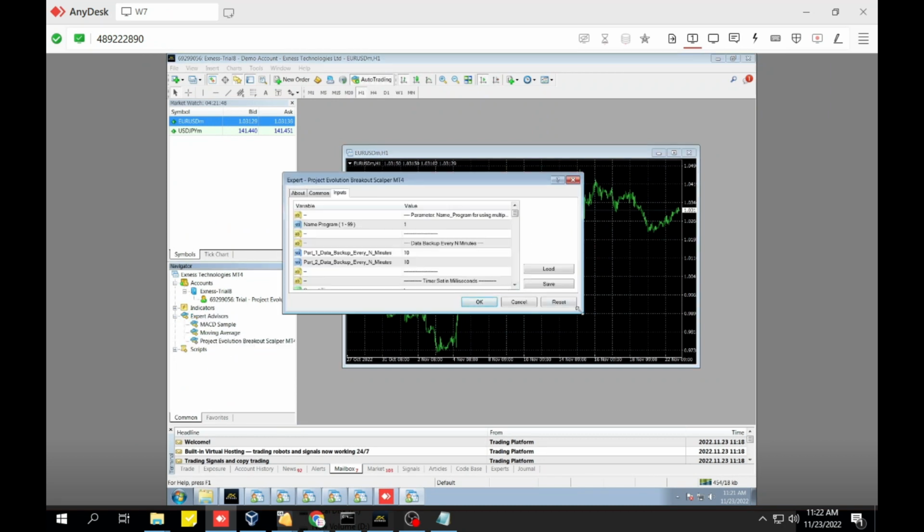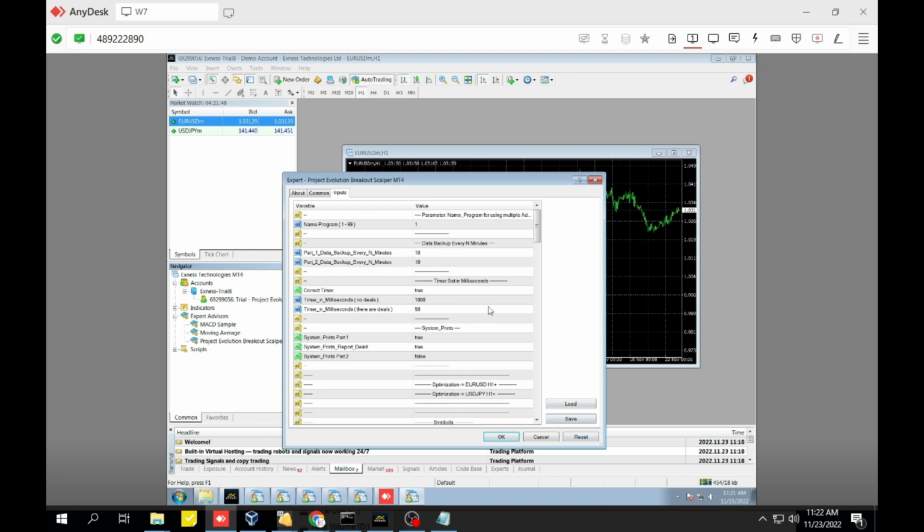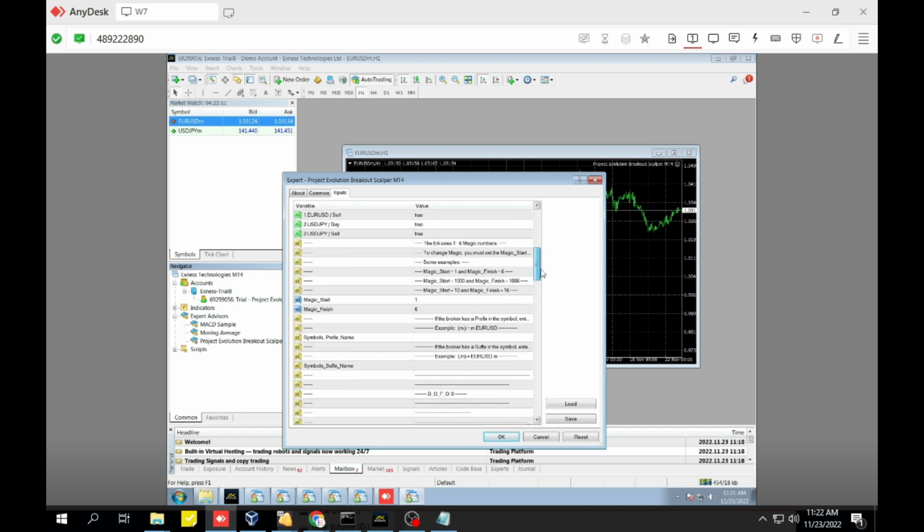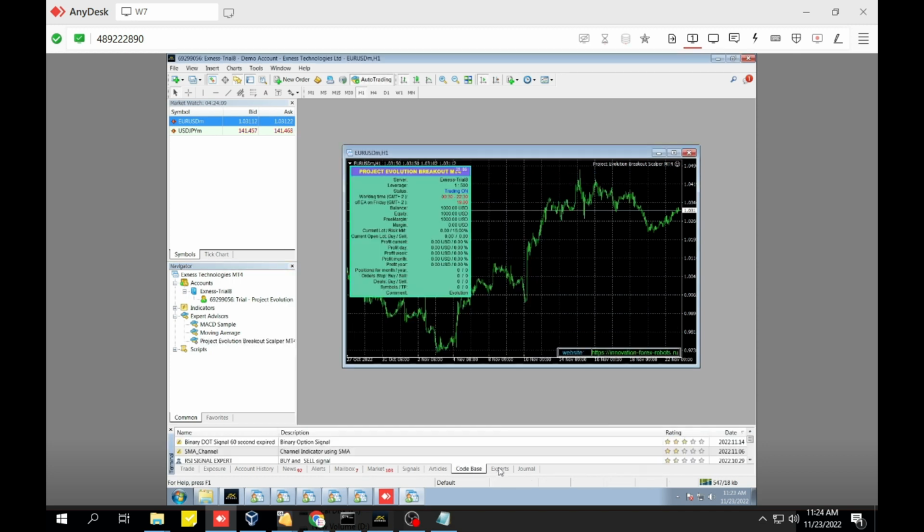In the settings I will only change the pair suffix settings according to the broker pair suffix that I am using. For other information I will leave the default. Okay, you can see here I have successfully run this EA.